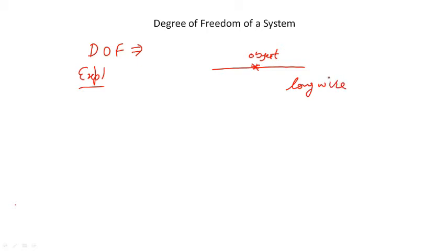Here you can understand that this object can move along the length of the wire, so in this case the degree of freedom will be 1. Now let us take the second example.